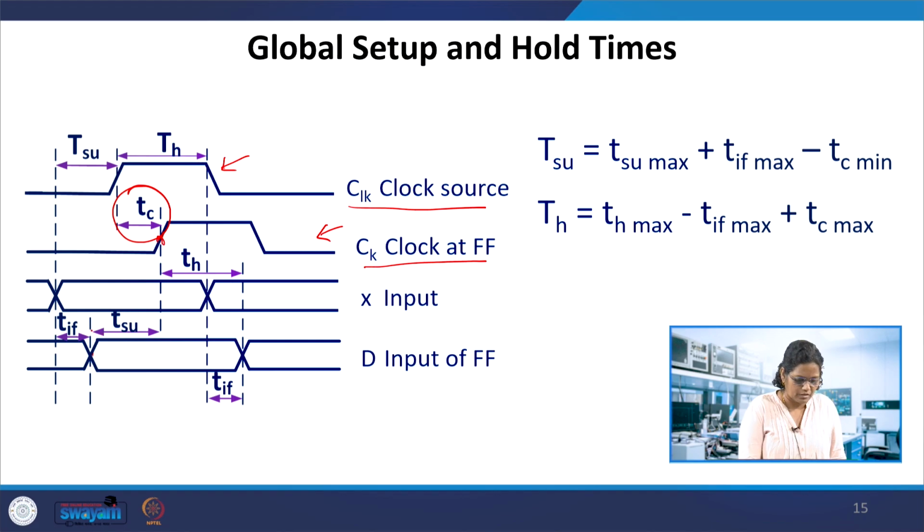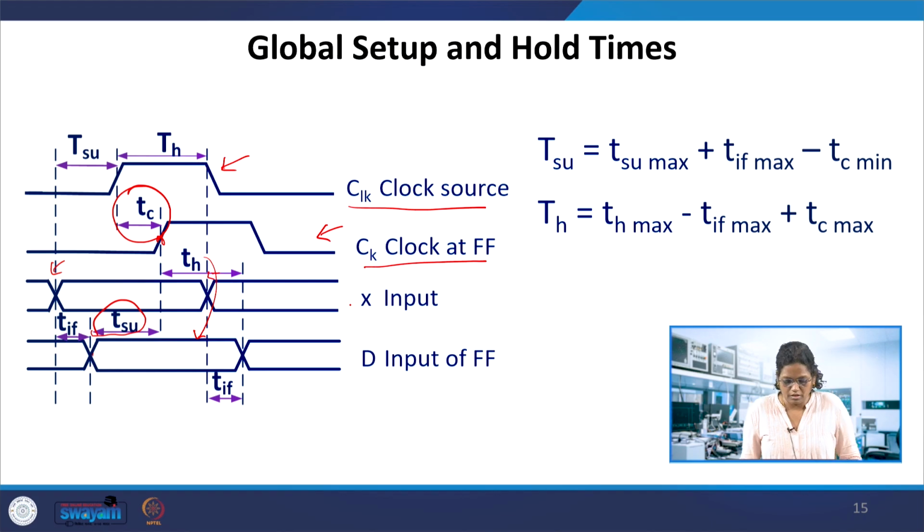This whole time is valid in this diagram. These are the setup time and hold time of the flip flop, the small ones, and the input is changing somewhere at this point, and here also the input is changing.